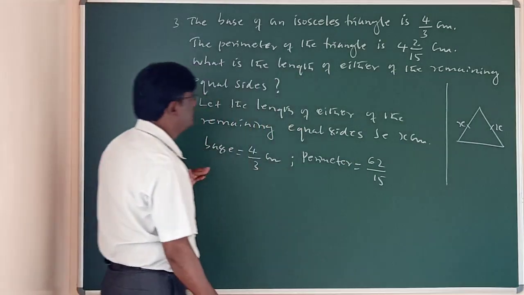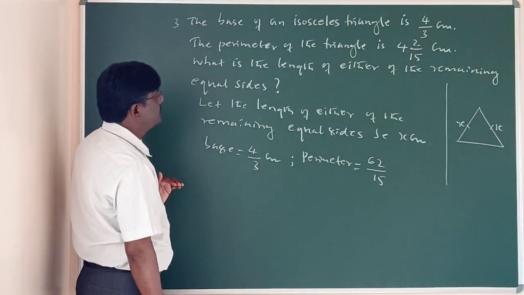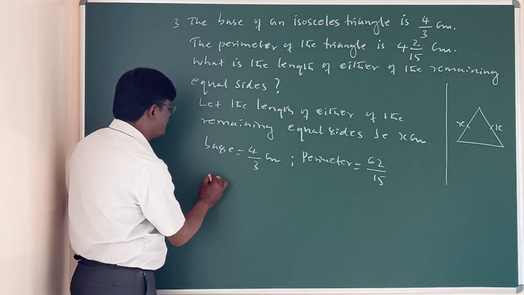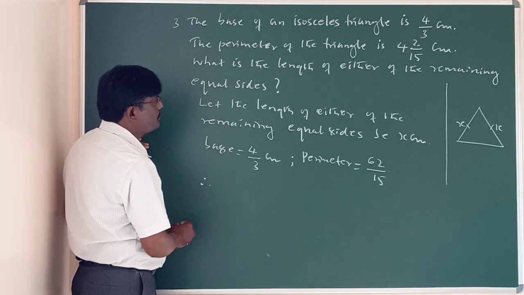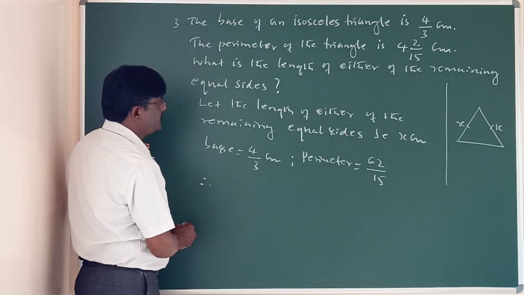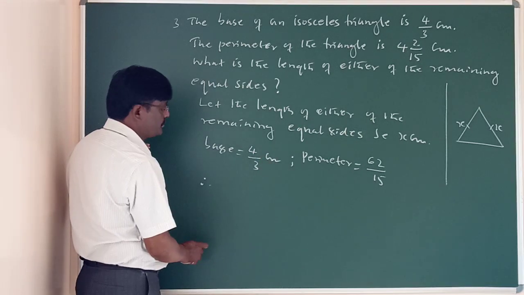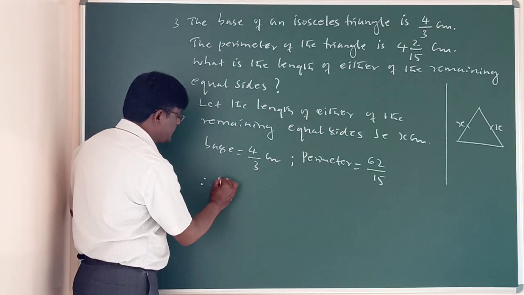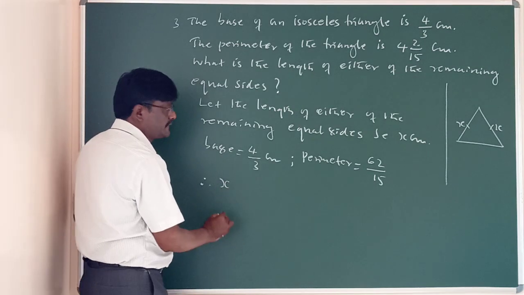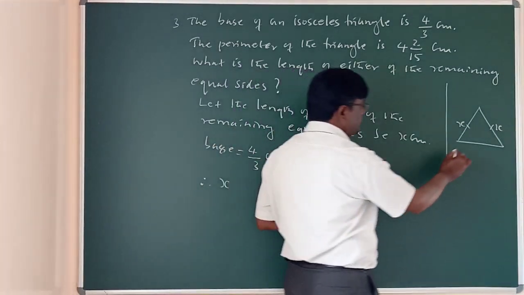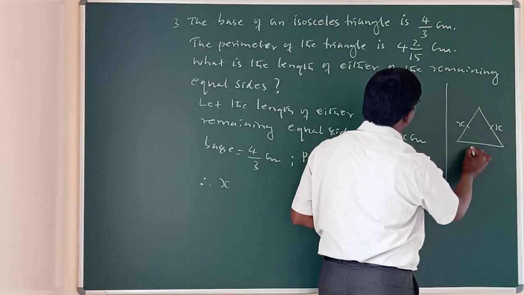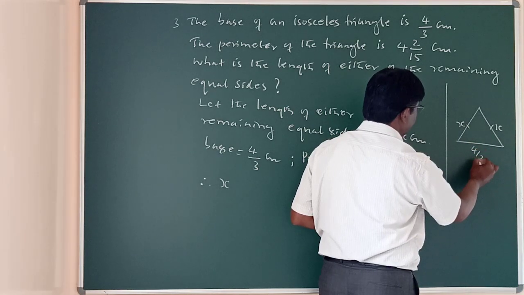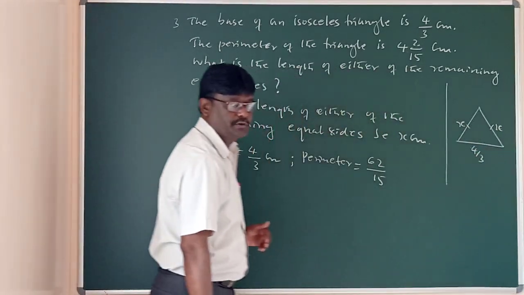Now the perimeter is 62 by 15. Children, what is the meaning of perimeter? Sum of all the three sides. Here it is x, the base is 4 by 3, and one more side is also x.